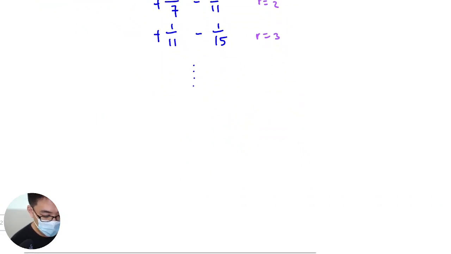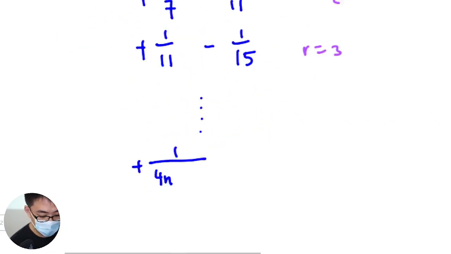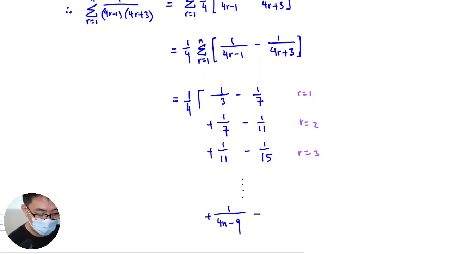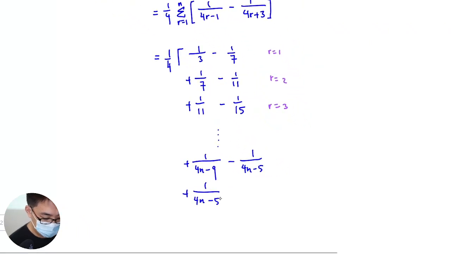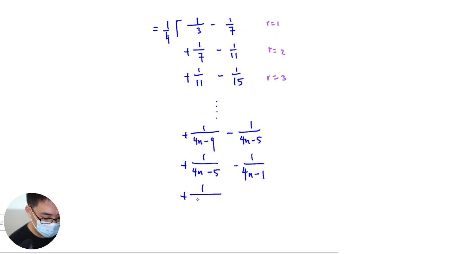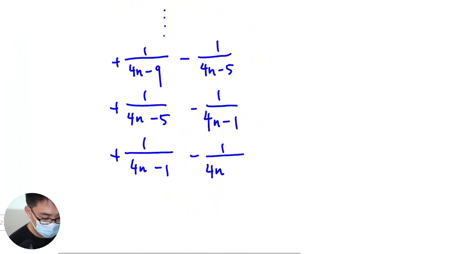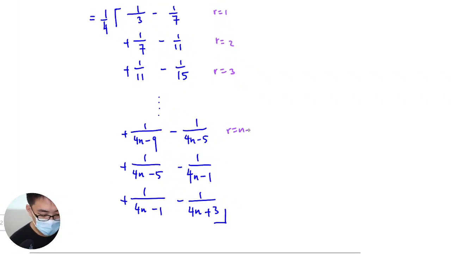Then the last three terms, R equals n minus 2, n minus 1, and n.